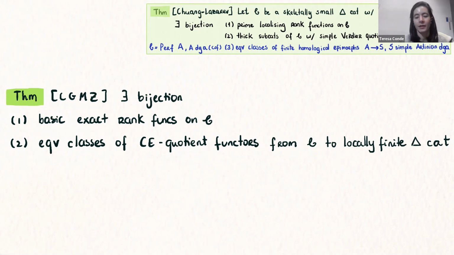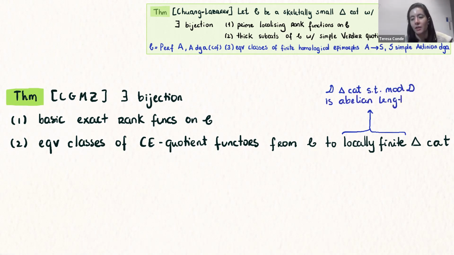And by a locally finite triangulated category, I mean a triangulated category, let's say D, such that the corresponding category small mod D is an abelian length category.